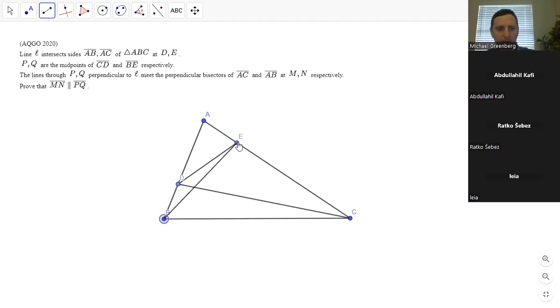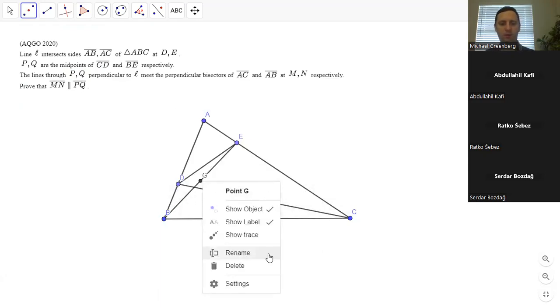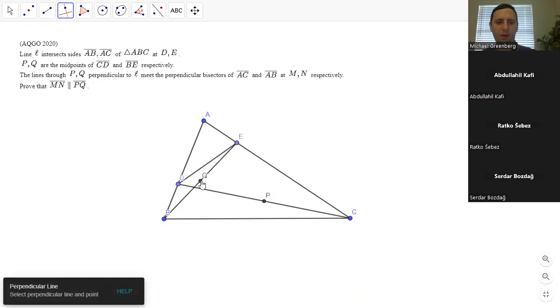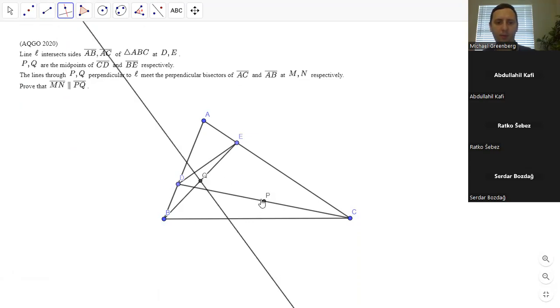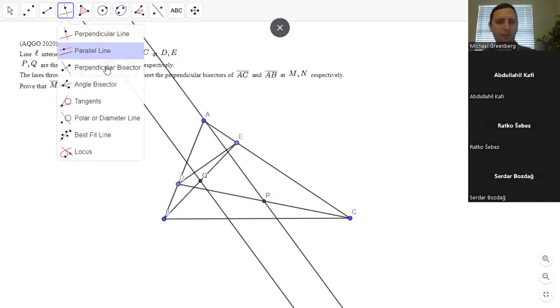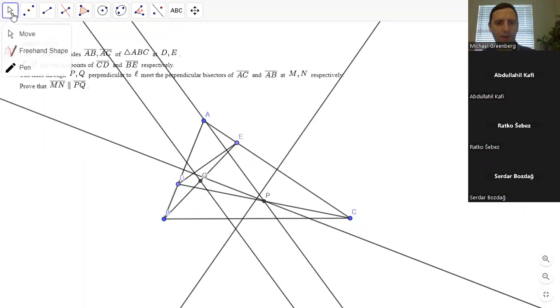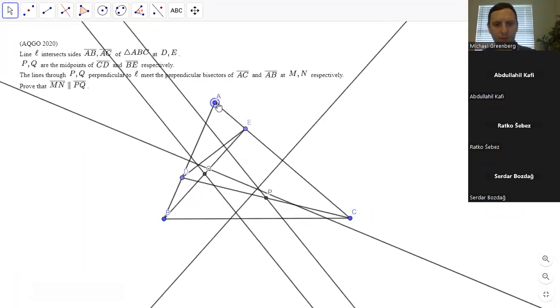Okay. So this should be P and Q. The lines through P and Q perpendicular to L. So we try to see where they meet the perpendicular bisectors of AC and AB, at M and N, and we want to show MN is parallel to PQ.